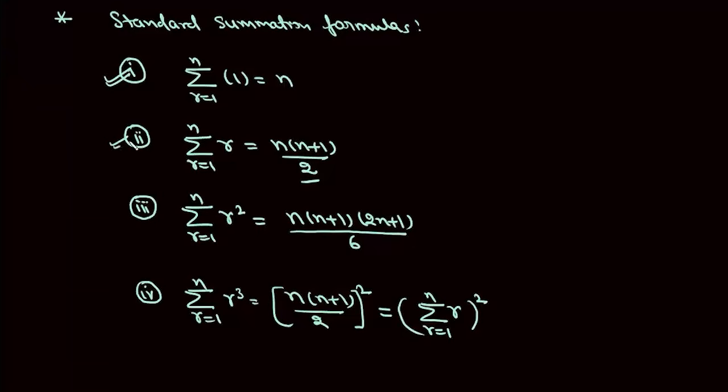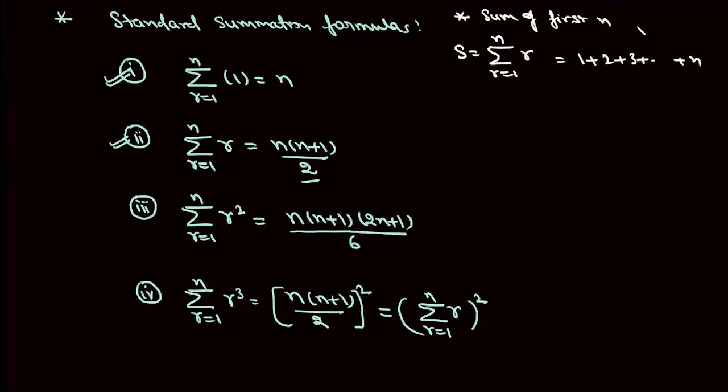We'll prove the second result here, and third and fourth we'll prove them later. Now we know that we have this sum, summation r varies from 1 to n of r, and this is nothing but the sum of first n natural numbers.